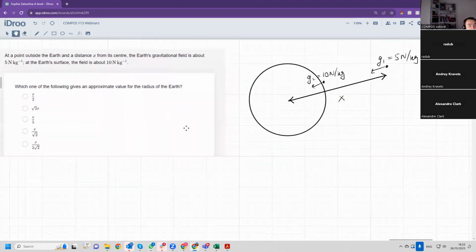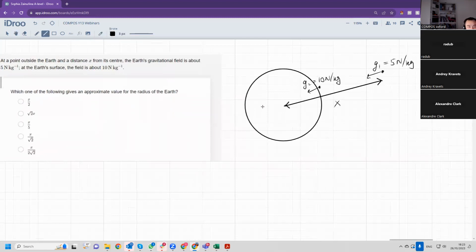Find the radius of the Earth in terms of x.